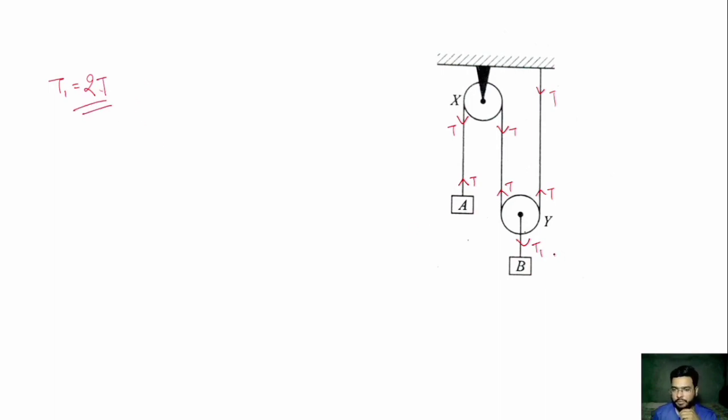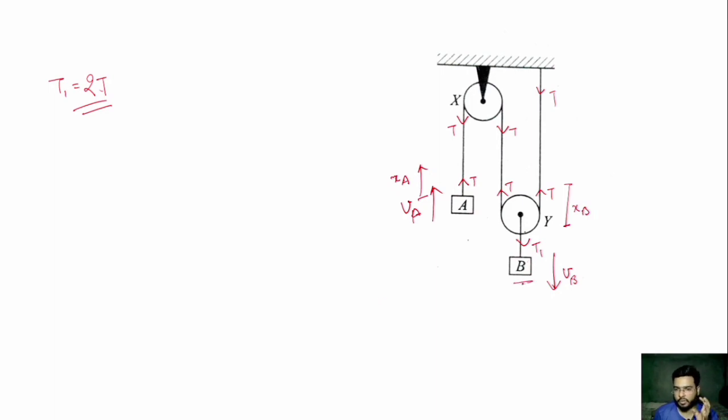Now see, if this body is moving in the downward direction, for example with velocity VB, then obviously this one is moving in the upward direction, with VA. Now if this is moving in the direction VB, then this block will move XB downwards, and this block will move XA upwards.